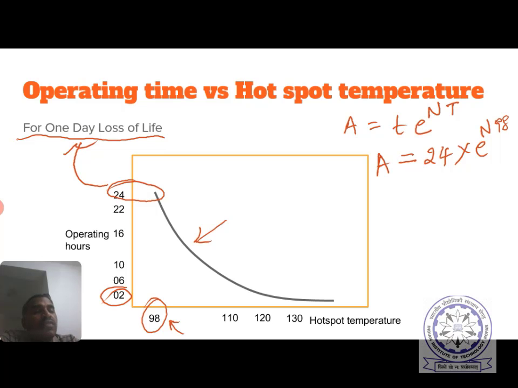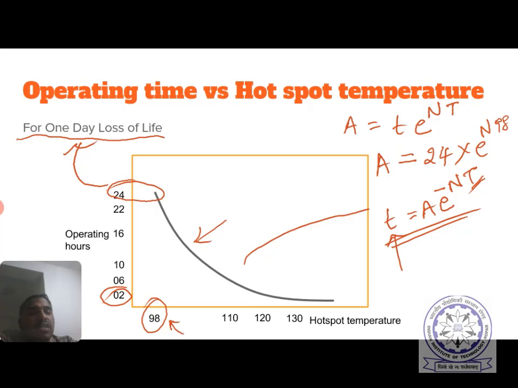With this value of A, you can easily obtain the general characteristics. This is some constant A, say. Therefore, t equals A into e to the power of minus nT. So for a particular temperature T, the characteristic is an exponentially decaying characteristic.